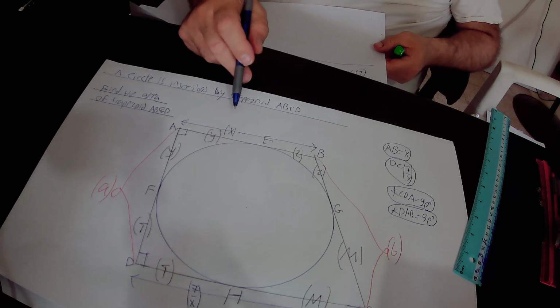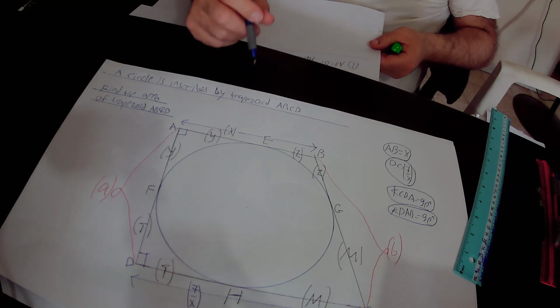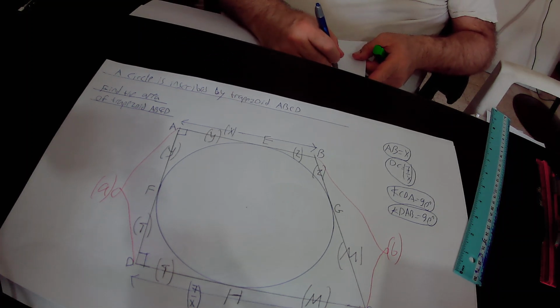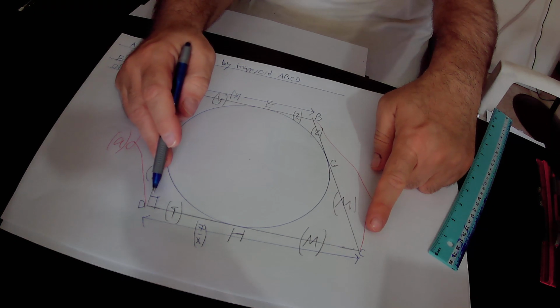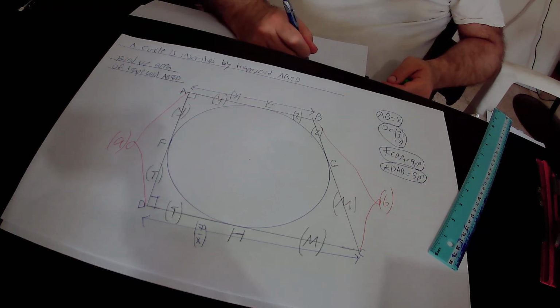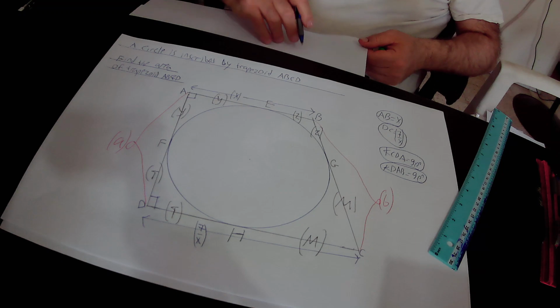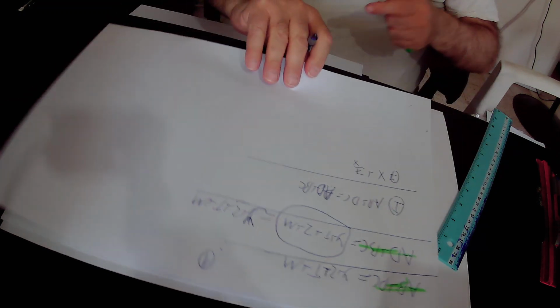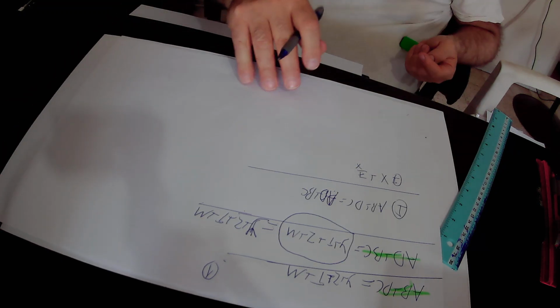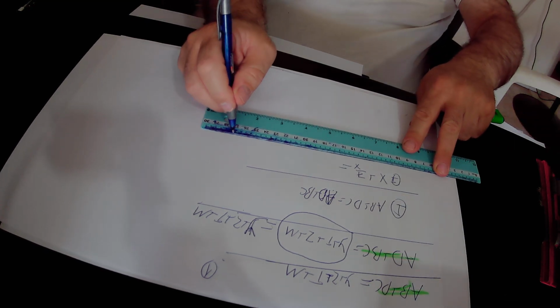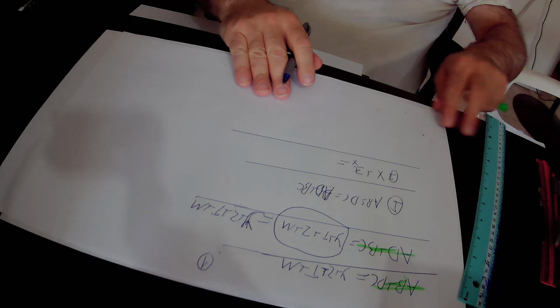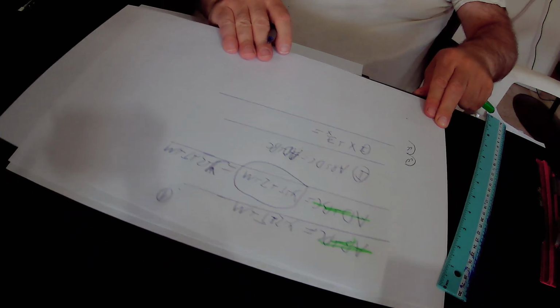AB is X, according to what is given in the question, so we substitute AB by X, plus DC. DC is 7 over X, according to what is given in the question. So we substitute DC by 7 over X, and it equals AD plus BC.